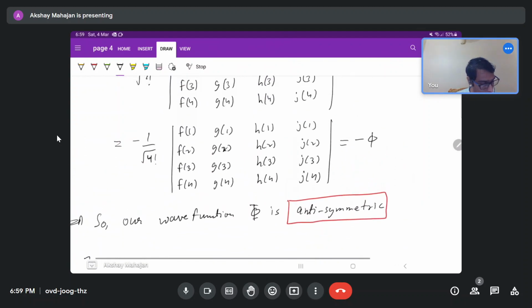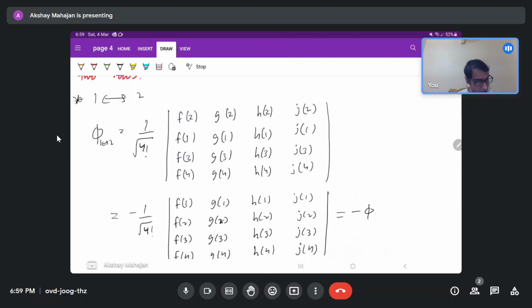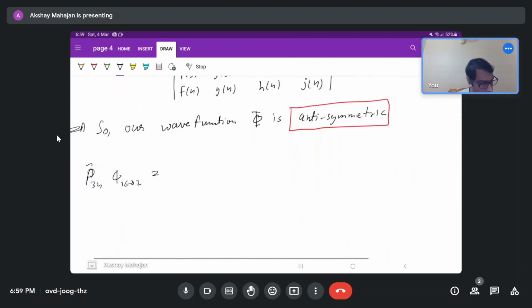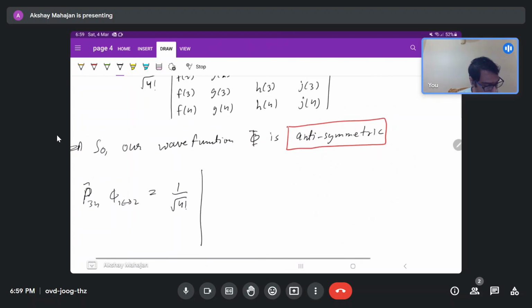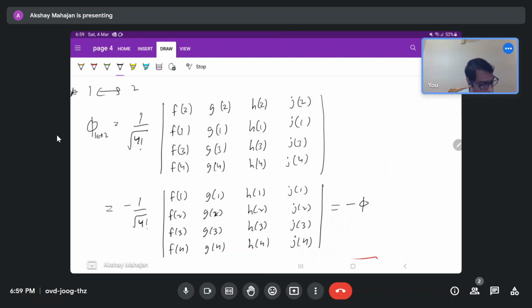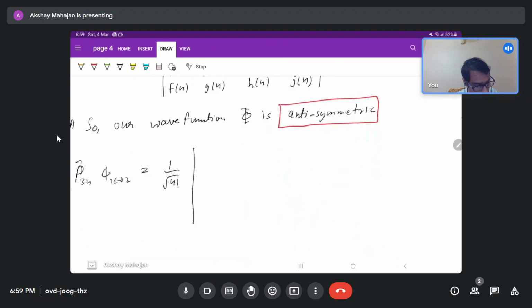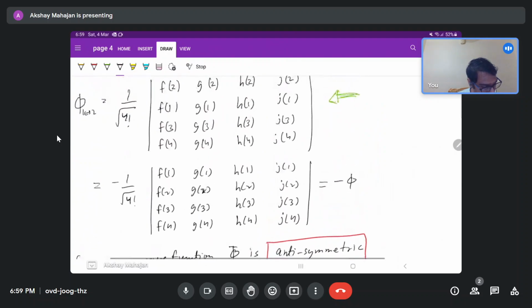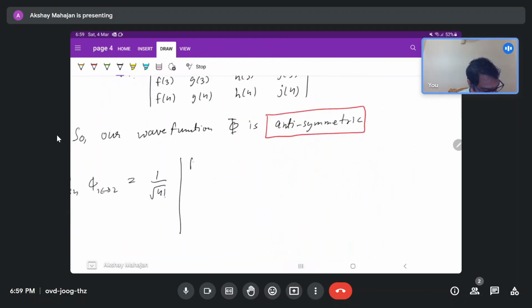Let's just write this 1 2 wave function only. Let us not write the minus phi, let us write what we got here, this matrix. So if we interchange 1 and 2, our matrix was F2.